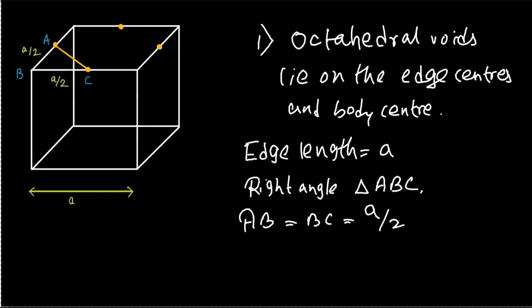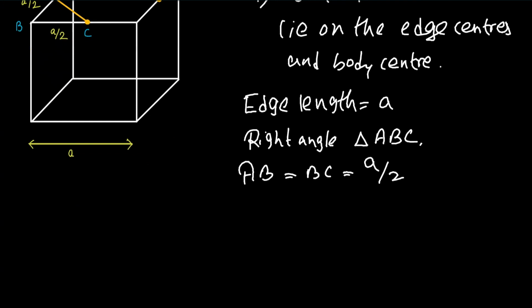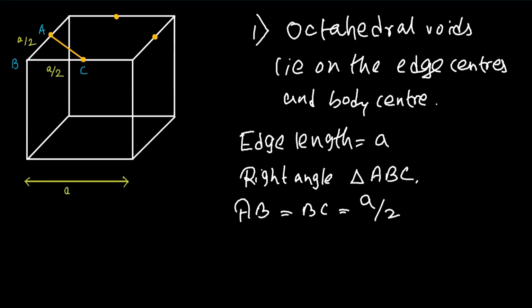Now according to the Pythagoras theorem, we know hypotenuse square equals base square plus perpendicular square. Now according to this diagram, what is the hypotenuse? It is AC. So we will write AC square equals AB square plus BC square.